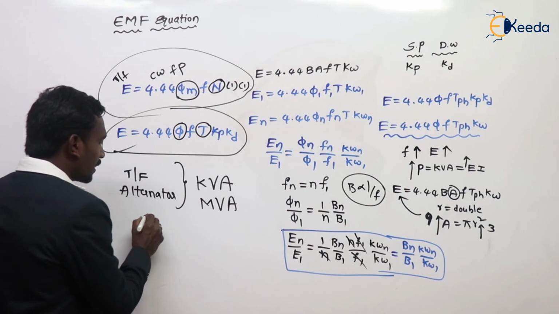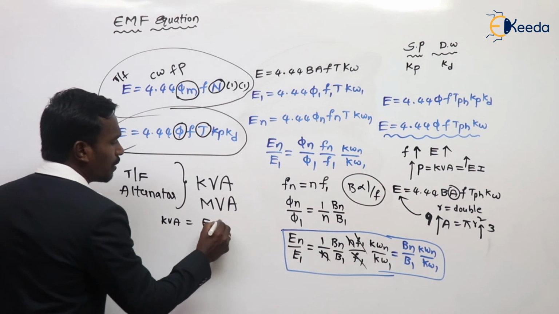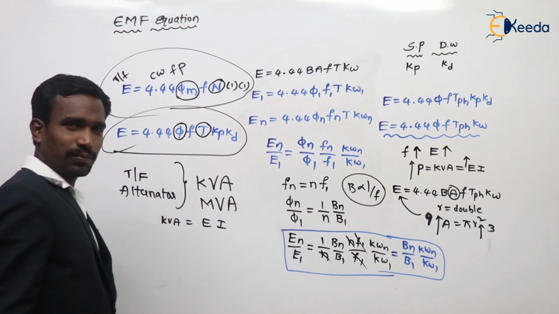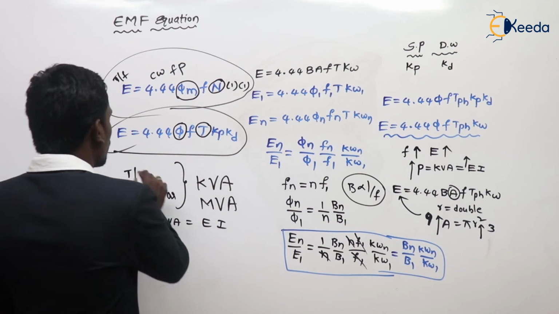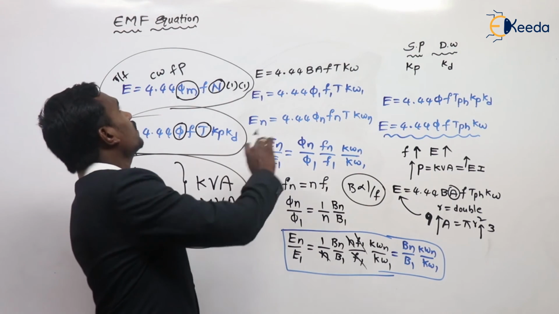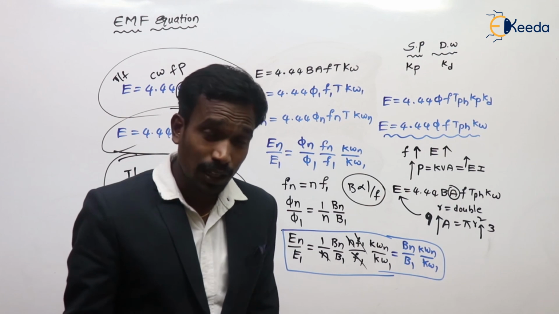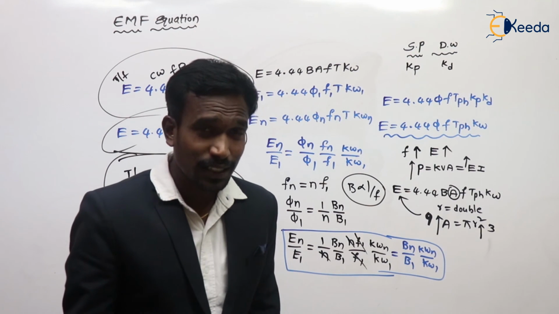So here kVA is nothing but voltage multiplied with current. So remember this one, this is important. This is the transformer EMF equation. Are you okay? Right? Thank you.